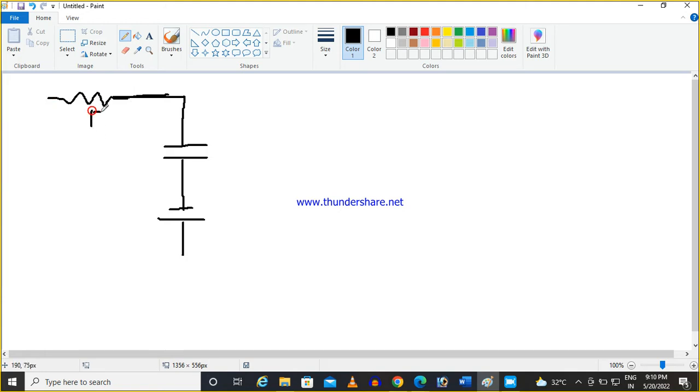Say it is R. Okay, so this is 1 by CS. This is 1 by CS, and that is VC0 by S. And say this is the voltage we are connecting across the capacitor for charging. So this is Vs.